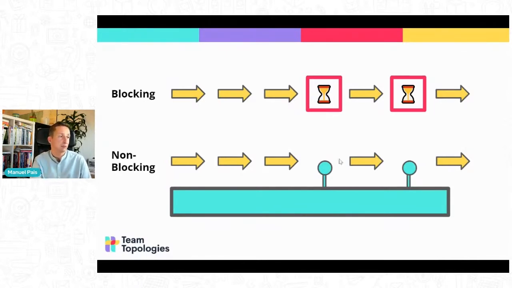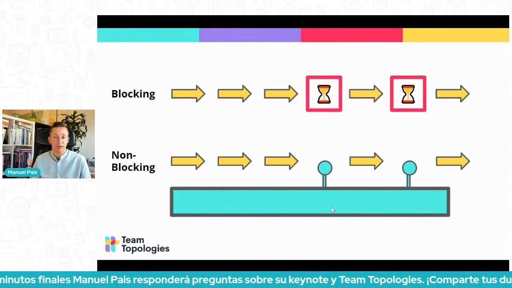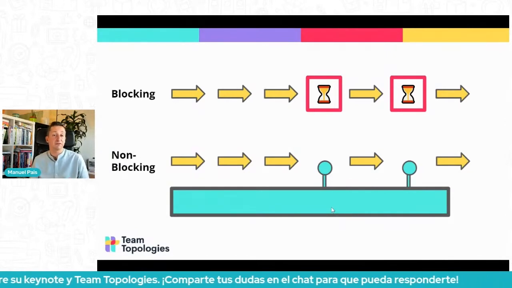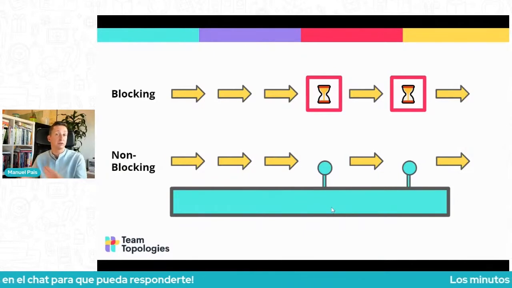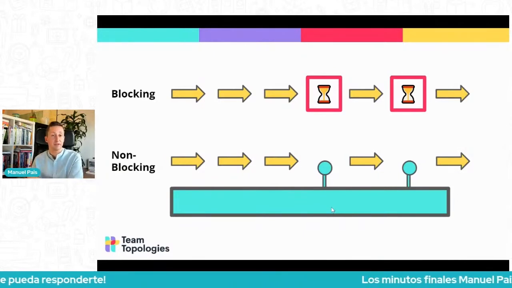Ideally, what we have are mostly non-blocking dependencies. In the case of a platform providing a self-service approach, we have non-blocking dependencies. Yes, the Streamline team might depend on the monitoring service in the platform, but they don't depend on the platform team to do work for them.